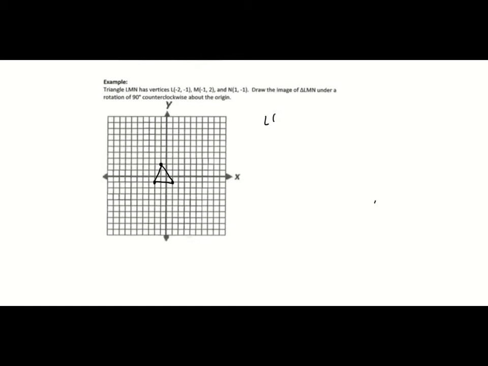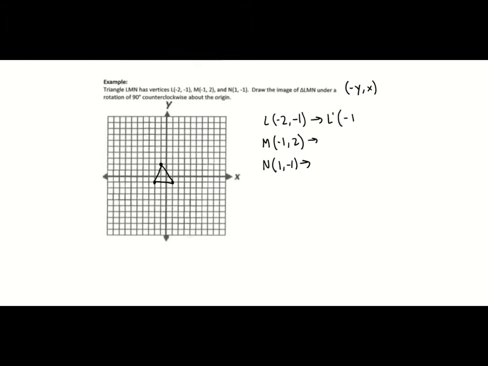Now if I list my points out so I can use my transformation, my transformation for a rotation 90 degrees counterclockwise is going to be (-y, x). So this means I'm going to flip my points.